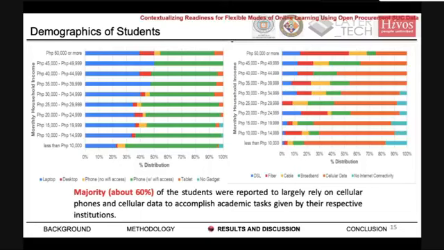25,000 and below only own a cellular phone and can only access the internet through cellular data. And why is this an important finding? Well, as reported by the respondents, the cost of using cellular data for school activities prior to the COVID-19 pandemic is already at least 1,000 pesos.